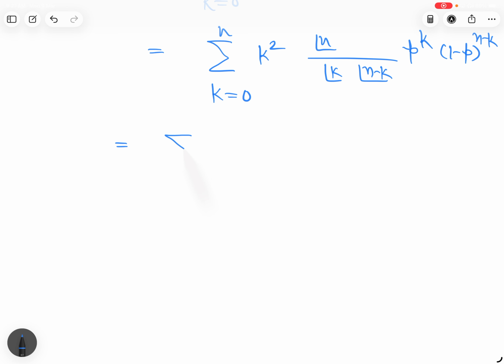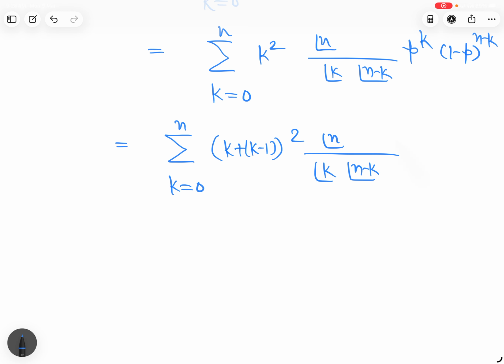Now I can write k square as k plus k into (k minus 1), times factorial n upon factorial k factorial n minus k, p to the power k, (1 minus p) to the power n minus k.